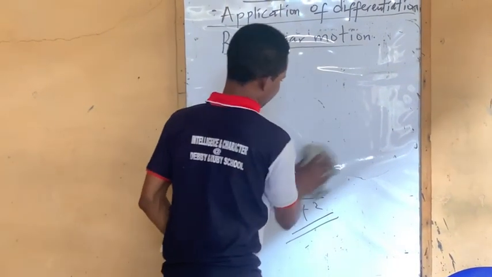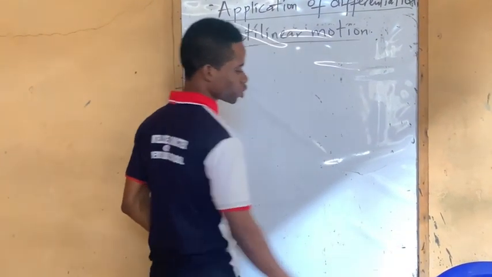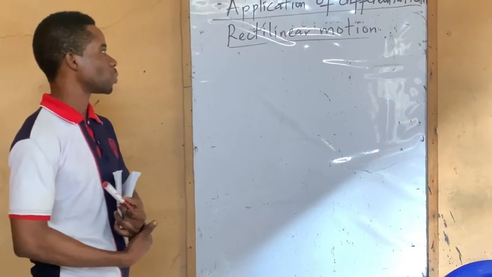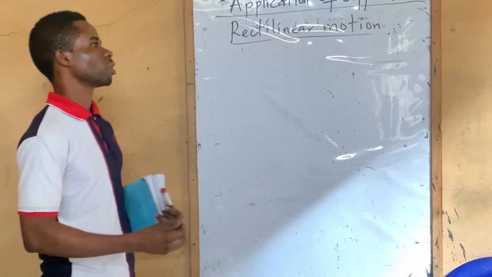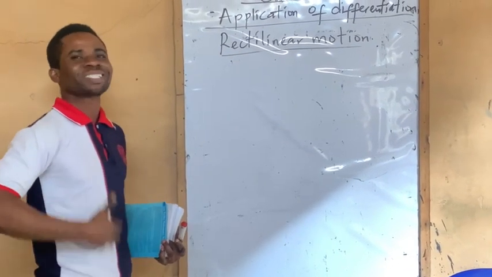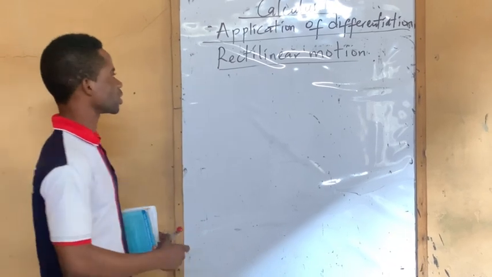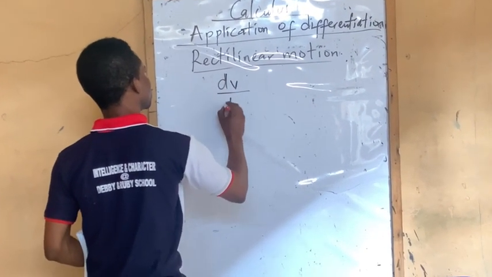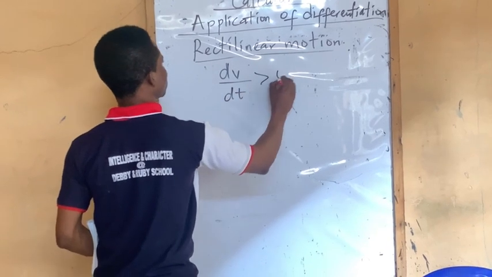And this velocity also has rules as well. If it is accelerating, that means your dv/dt is greater than 0.